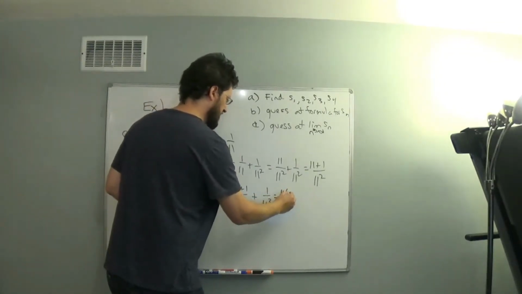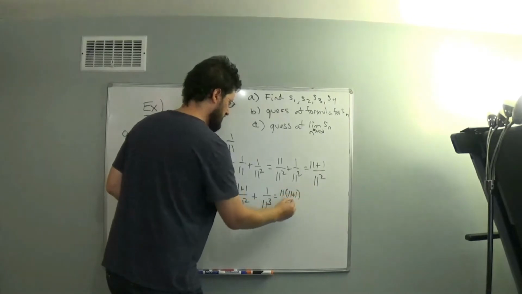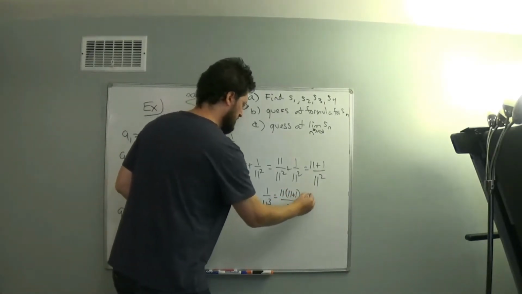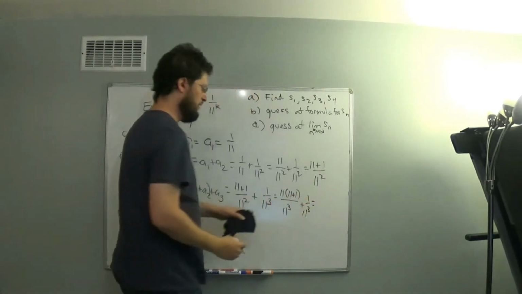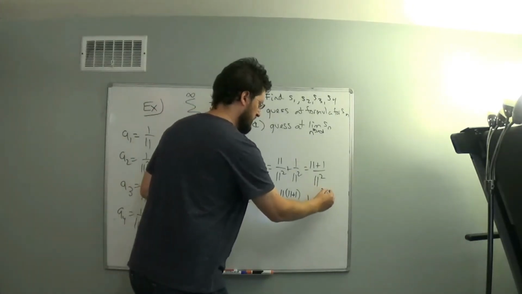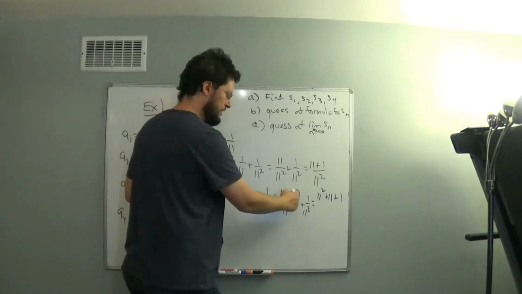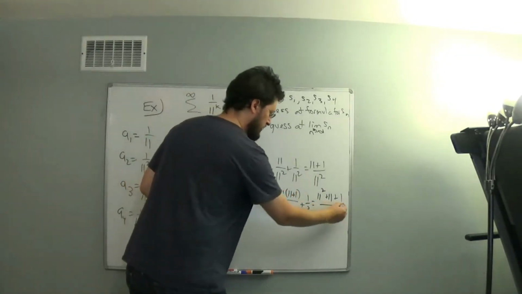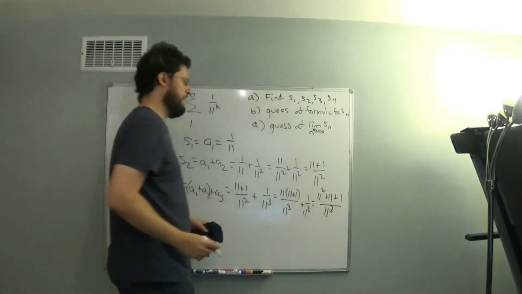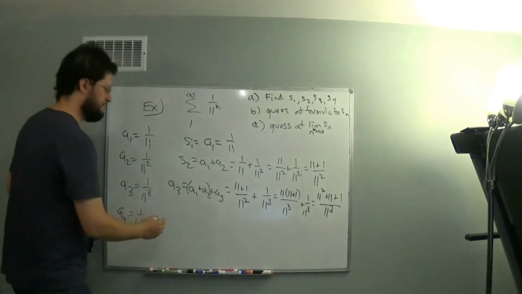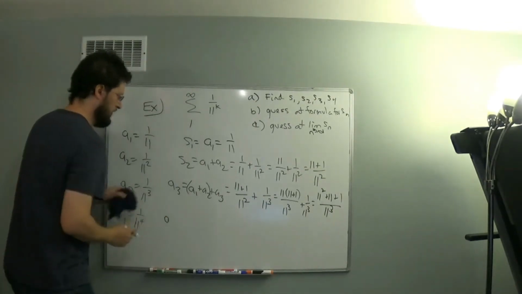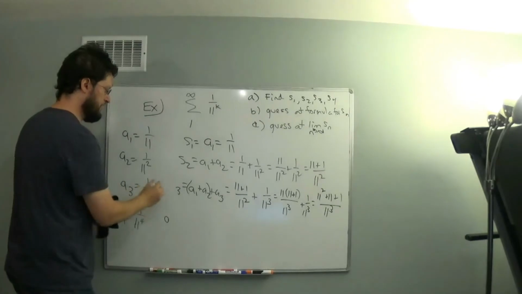And I get 11 times 11 plus 1 over 11 cubed plus 1 over 11 cubed. Well, that's 11 squared plus 11 plus 1, by distributing the 11 in and then adding the 1 on the right, all over 11 cubed. That should have been an S3. My apologies.